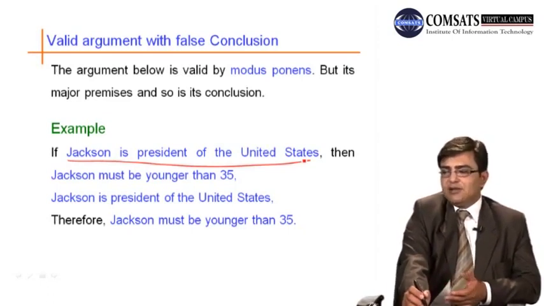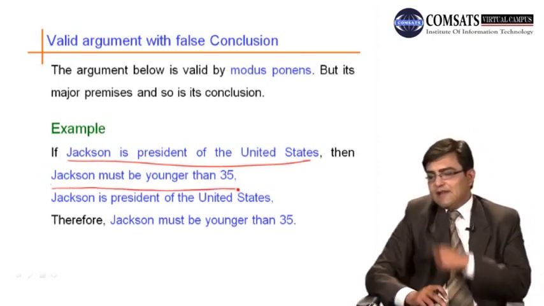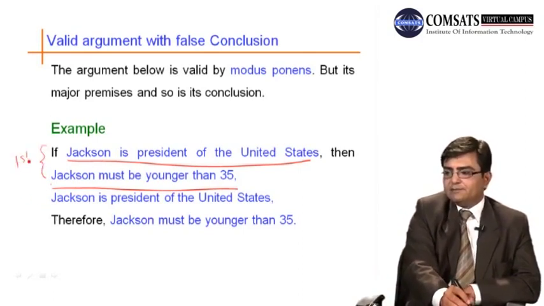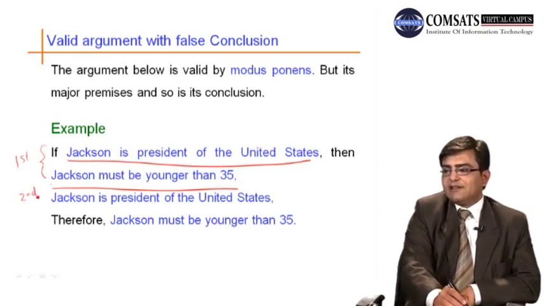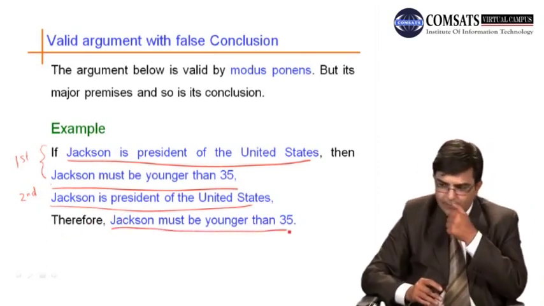Jackson was never president of United States. Then Jackson must be younger than 35, and this is basically the first and the second premises. Jackson is a president of the United States, therefore we can conclude Jackson must be younger than 35.